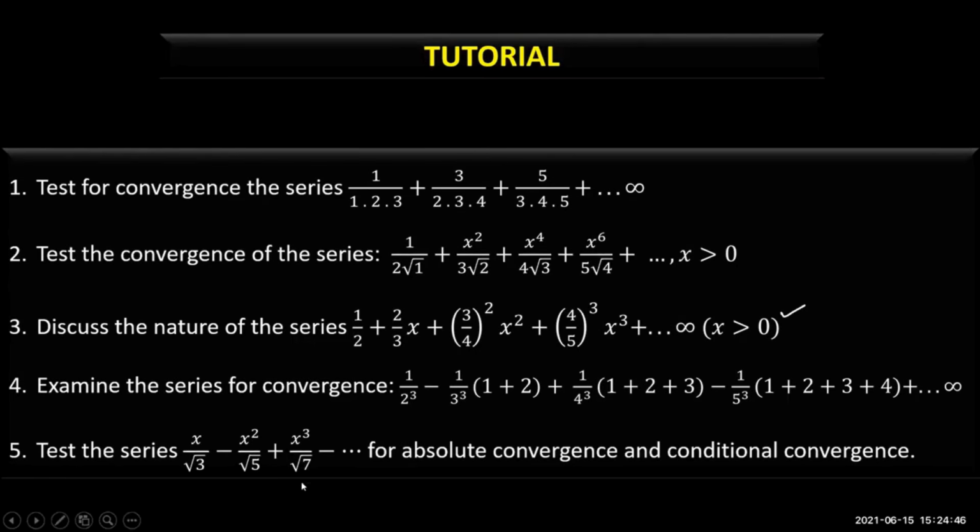So 2n plus 1 is in the denominator. And in the numerator, clearly they are all integers, so we'll get x to the power of n. So it's an alternating series, and the nth term is x to the power of n by square root of 2n plus 1. Keeping those things in mind, evaluate whether it is absolutely convergent or conditionally convergent.